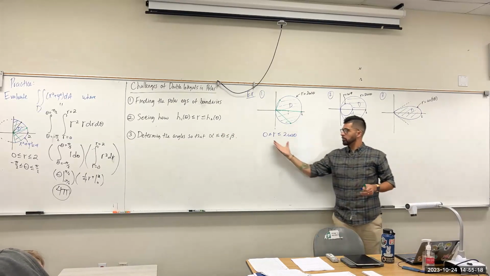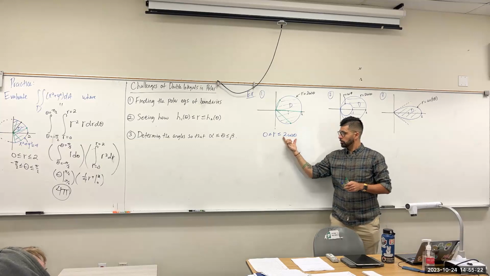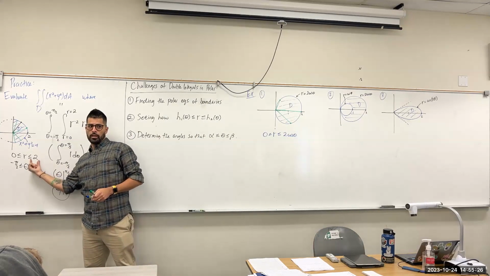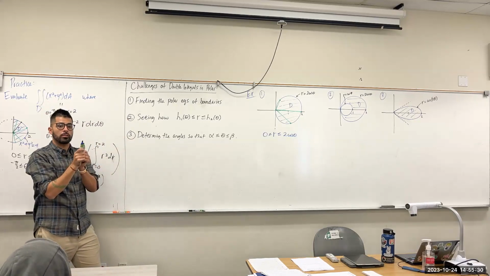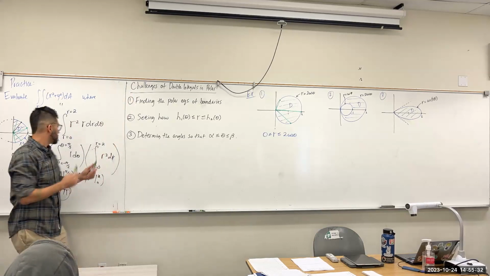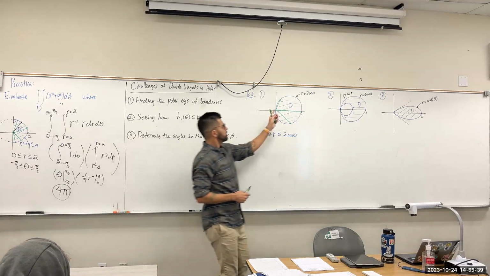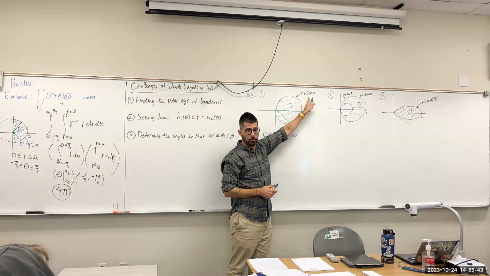In my opinion, this is the one big leap for you guys, is understanding when it's that and not 2. What I want you to think about is, for every angle, is R always a length of 2? If the answer is yes, then yes. But if it's not, then it's going to be bounded by a polar equation.